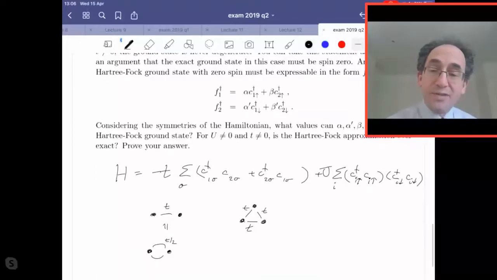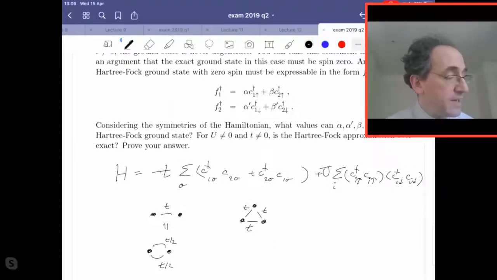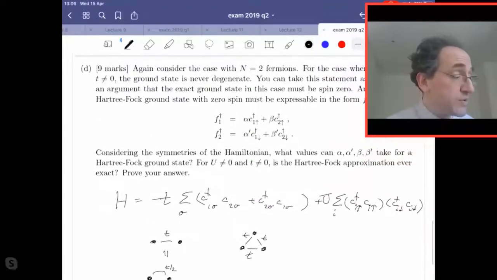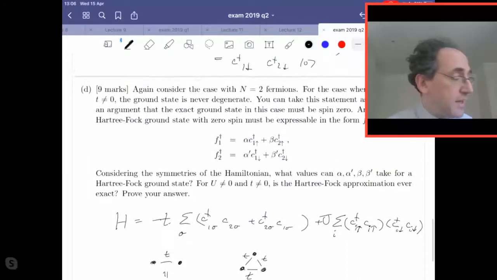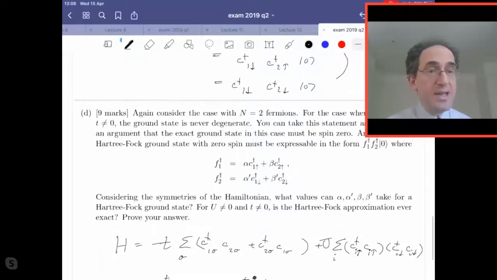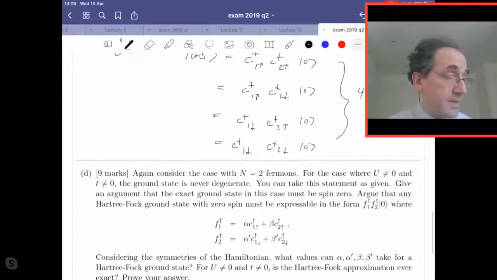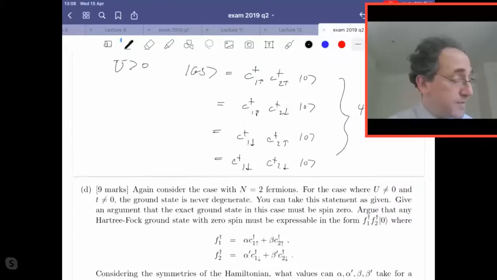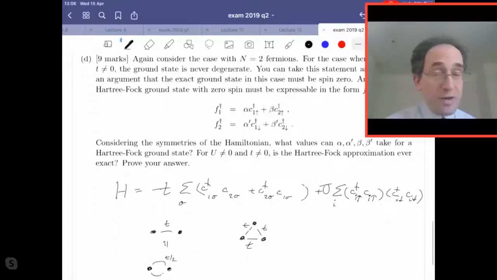It's two sites around a ring as compared to three sites around a ring, and it's translation invariant. So by this principle, if you have a translationally invariant Hamiltonian, you should be able to write the Hartree-Fock ground state in terms of plane waves. So before even doing any work, I know what the Hartree-Fock ground state is going to look like.